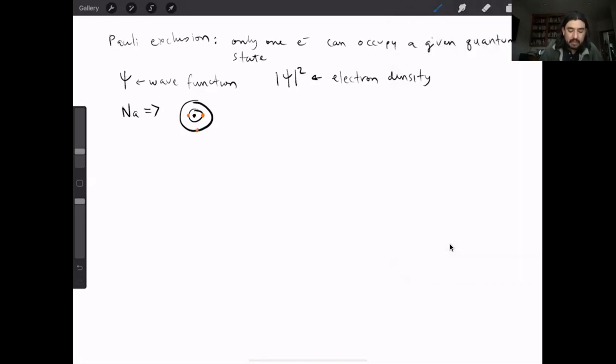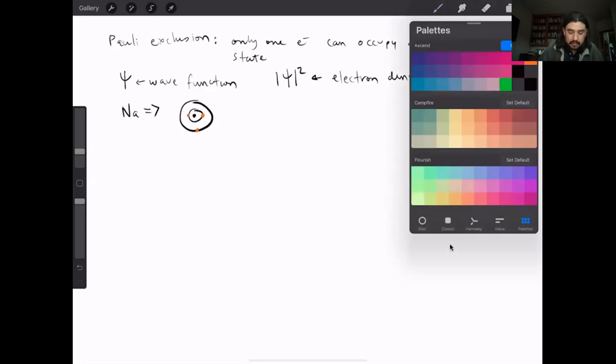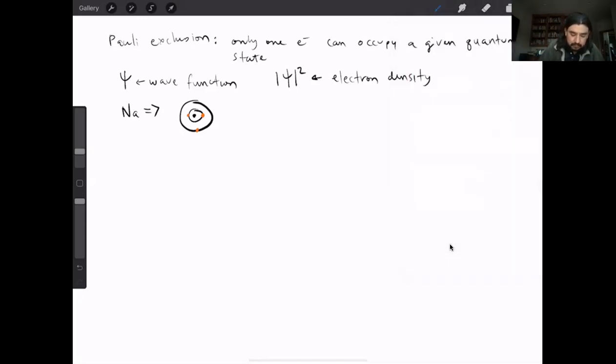But basically, sodium and all of the guys in that first column of the periodic table have what is the valence electron. This is called the valence electron, the outermost shell. And all of those others are the core electrons.